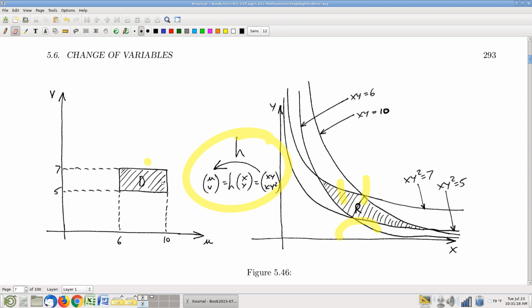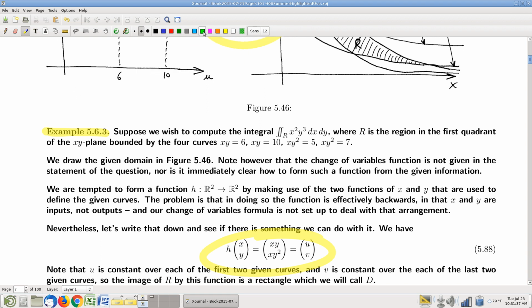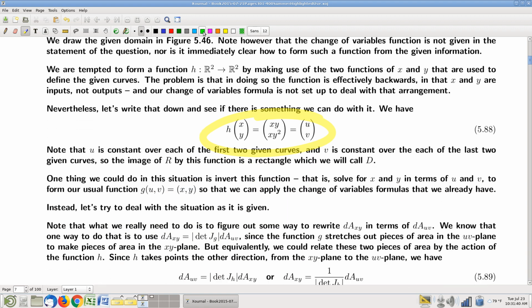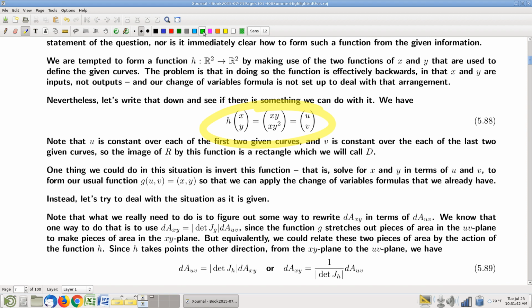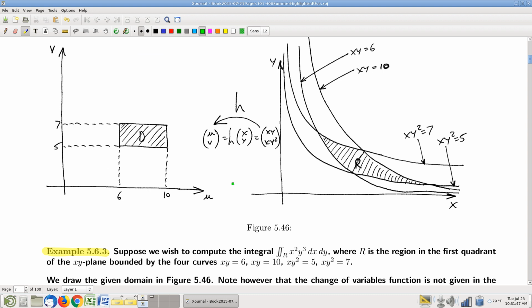Okay, so let's proceed. Let's compute the stretching factor of h. It is a change of variables function. It's going backwards, but it is still a change of variables function. Let's just write down the stretching factor. Think about what to do with that afterwards. That stretching factor is going to be what you multiply by dx dy to get du dv.